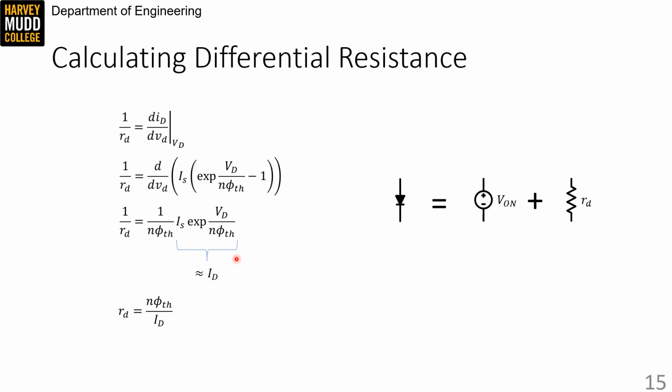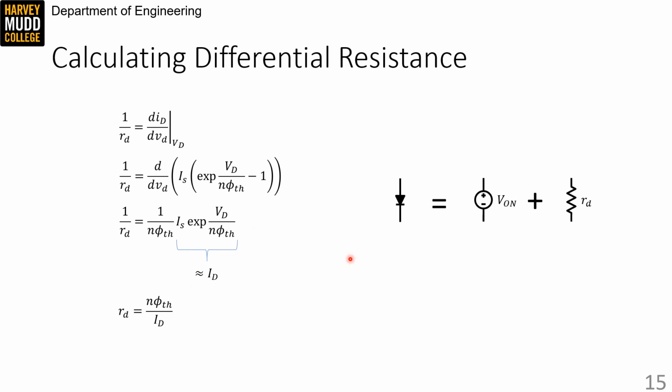It's a way of simplifying the model significantly. And so when you are making small signal models, you should look for the opportunity to do it. Asking you to make a small signal model for a weird device on a test is a classic curveball question. And so this substitution is a place where a lot of people miss a few points, and I want you to be prepared for it.